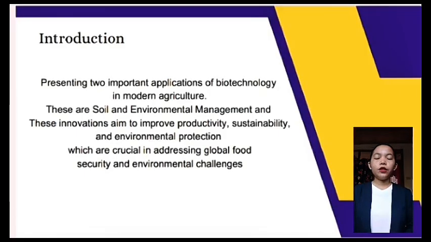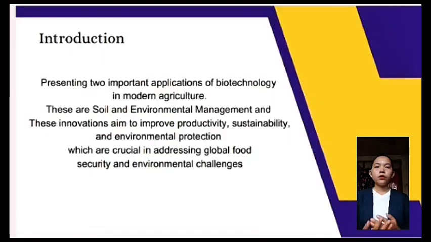Application of genetic engineering in agriculture. Presenting the importance of the application of biotechnology in modern agriculture. These are soil and environmental management, and this innovation aims to improve productivity, sustainability, and environmental protection, which are crucial in addressing global food security and environmental challenges.